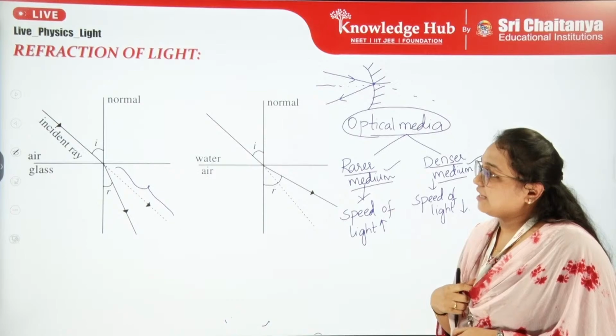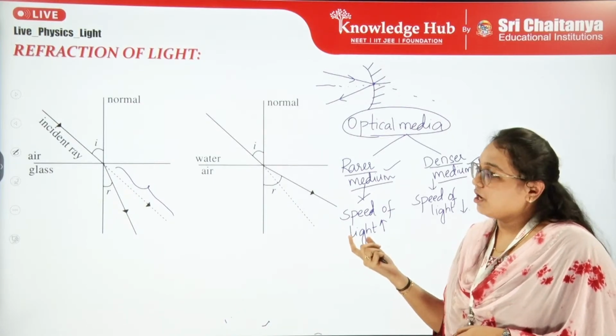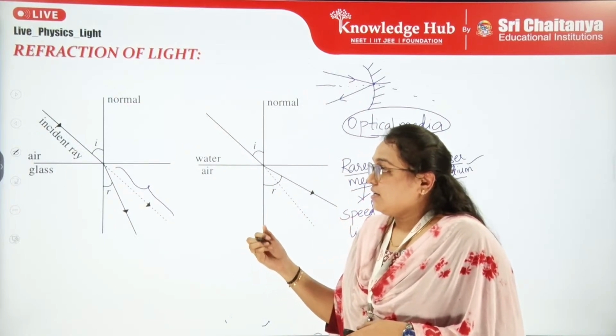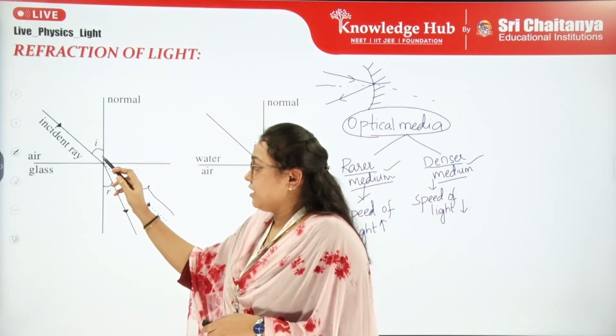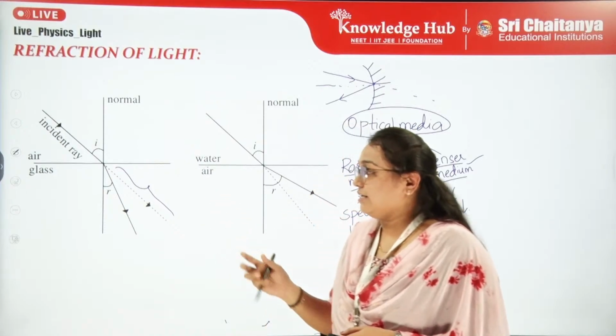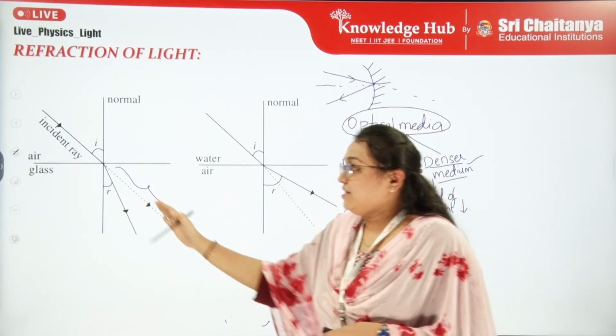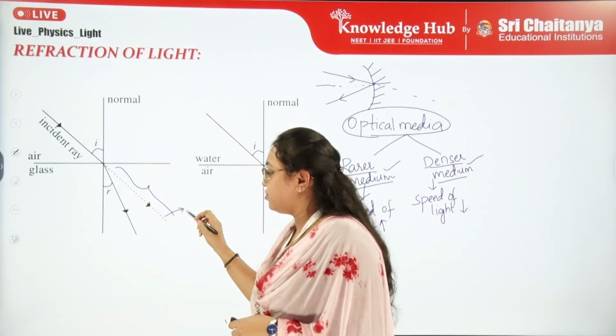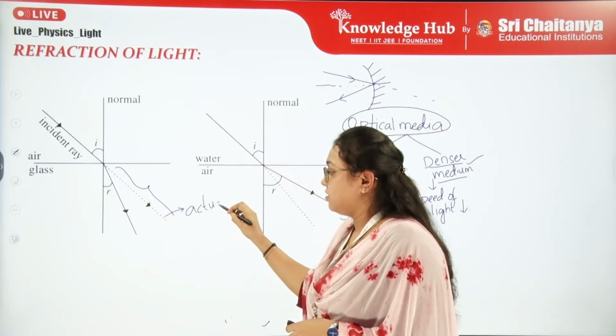So here light is actually getting deviated. We can even talk about angle of deviation. This might be useful for your Olympiad exams. See how much actually the light is getting deviated. See, this is the refracted ray, and this is the actual path of incident ray.